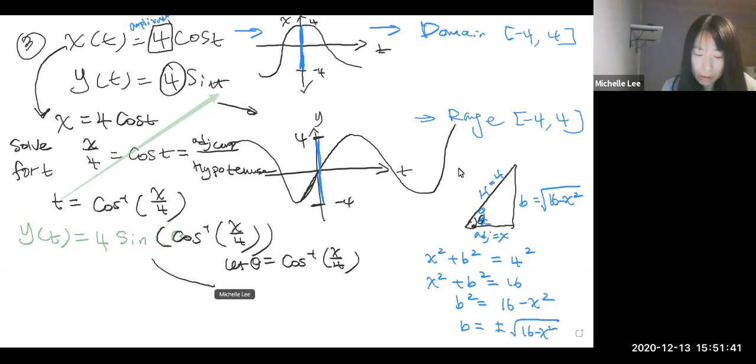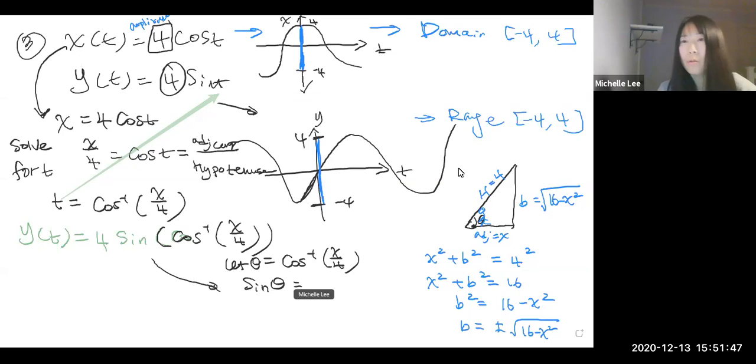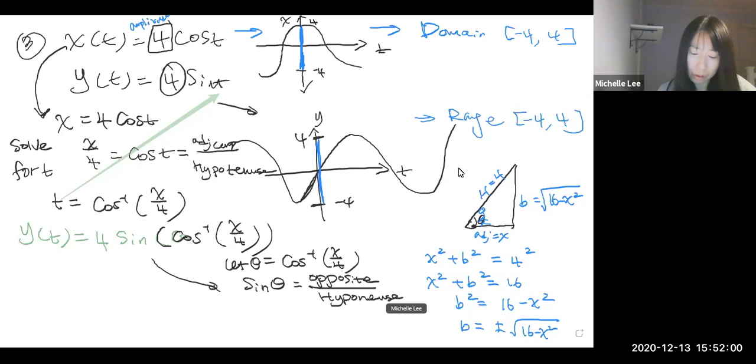Okay, then we can say that sine theta, in the right triangle, is opposite over hypotenuse.